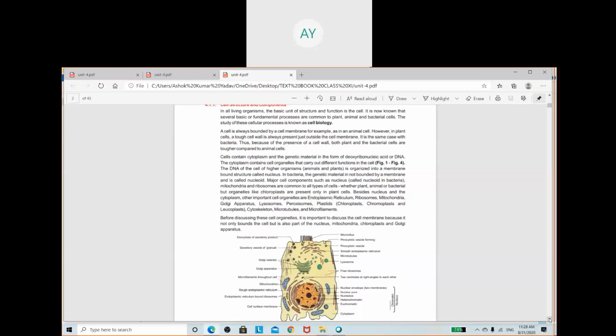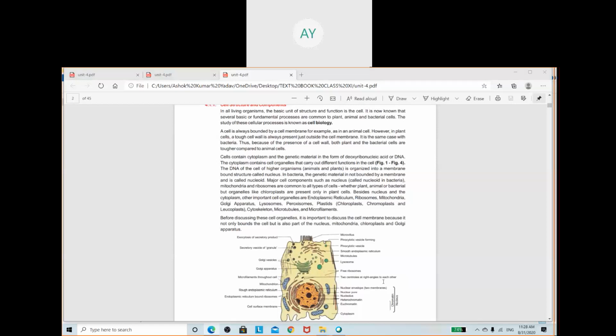So we know the brain of the cell. What is the brain of the cell? Are you listening, my son? What is the brain of the cell? Sir, nucleus. Very good. Then the kitchen of the cell, especially in plants, that is chloroplast.